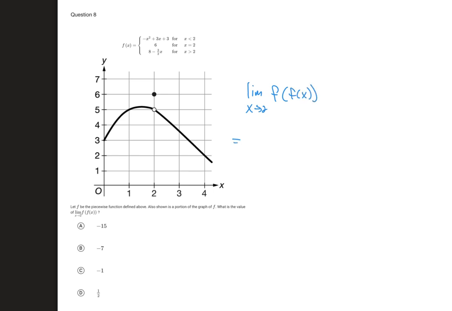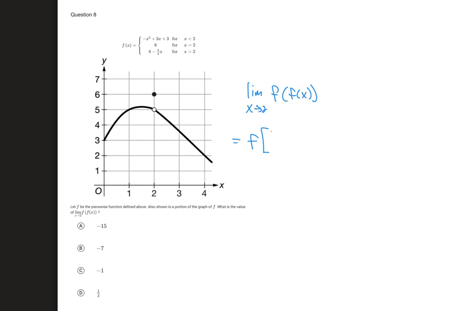One property of limits for composite functions is you can take this limit and apply it to the inside of this. So we'll rewrite this with the outside f in brackets, and then bring this limit inside and apply it just to the inside f.